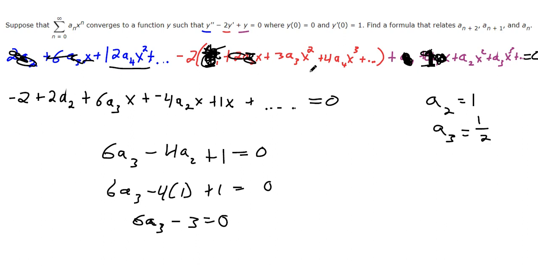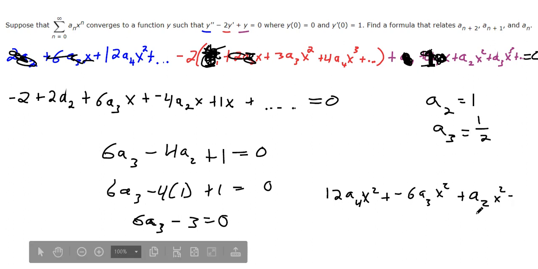And then you can do the same thing with your x squared terms. Keep going up the powers like that. If you were to list out the x squared terms, it's 12a sub 4 x squared plus, now this is -2 times 3, so that's -6a sub 3 x squared plus a sub 2 x squared. Those coefficients have to equal 0 because those are the only like terms of this type of x squared.